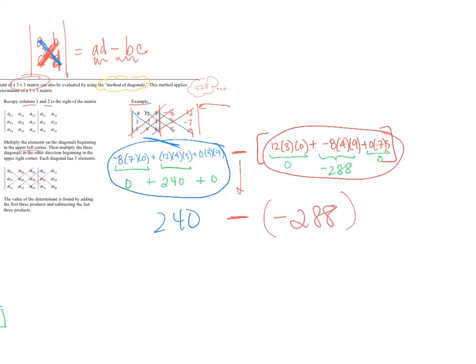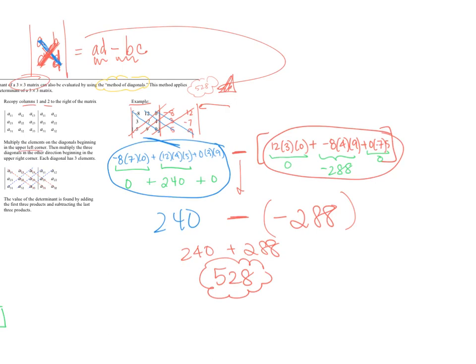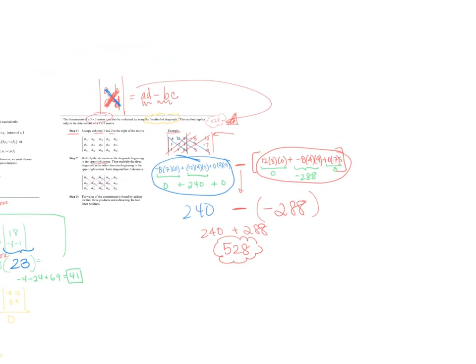And so if I add those together, that's 240 plus 288, which equals 528, exactly what we got using the other method. So when you're asked to find the determinant of a 3 by 3 matrix, you could do either way. I like the diagonal way. Some people like the minor way. It doesn't really matter, whichever you like.